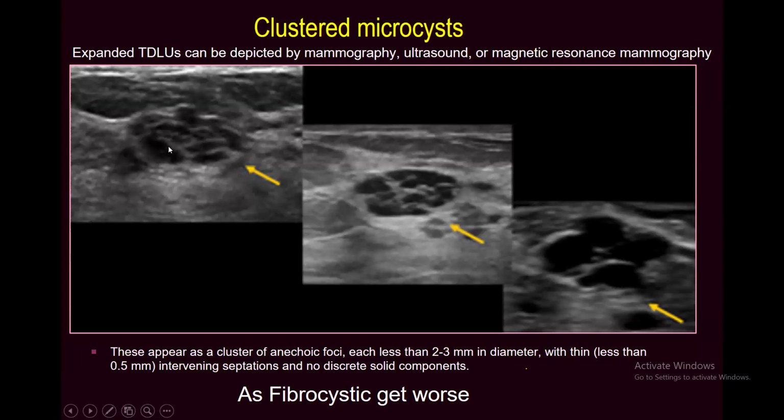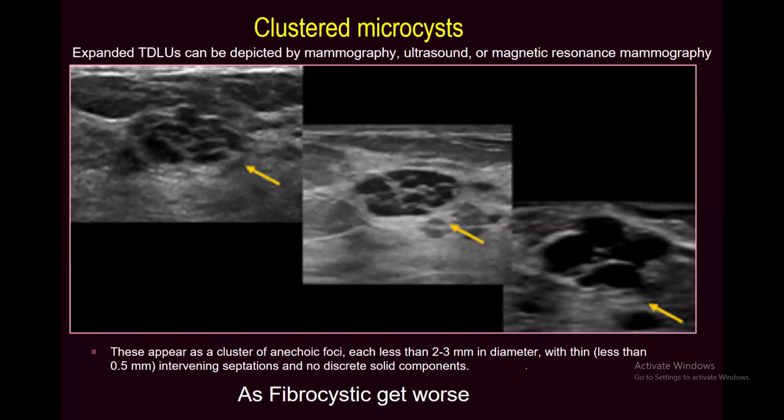Here, smaller, numerous microcysts, getting fewer but larger, and even larger with fewer septations. So when fibrocystic change gets worse, the cystic dilatation of the acini becomes larger, with rupture or effacement of the wall of these acini.